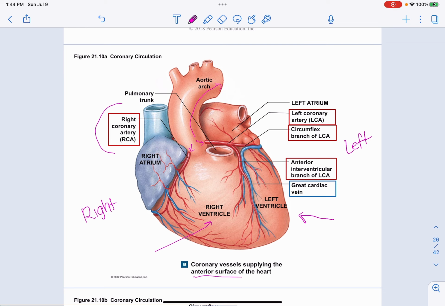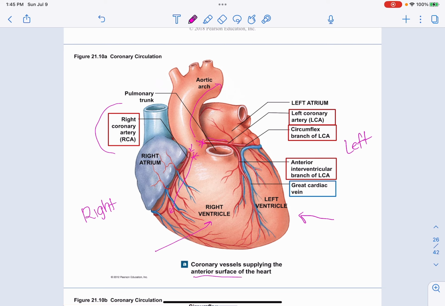Off of the aortic arch come the right coronary artery and the left coronary artery. These are going to supply blood to the ventricles. You can see the right coronary artery traveling down this way, and the left coronary artery.